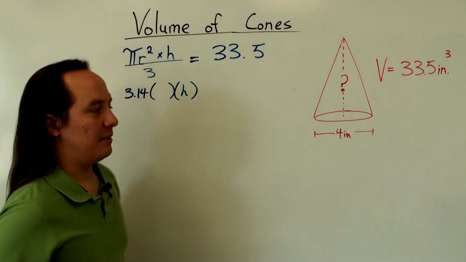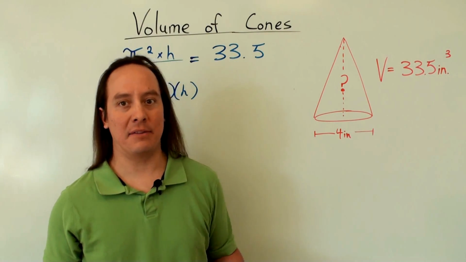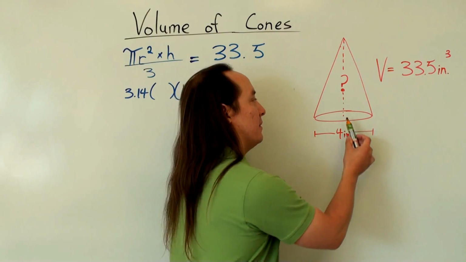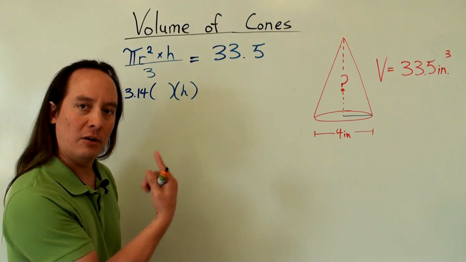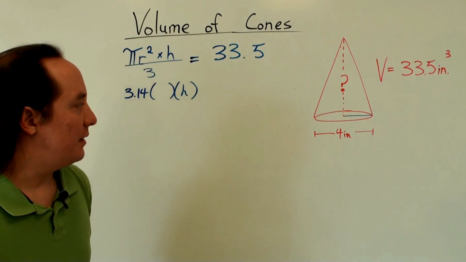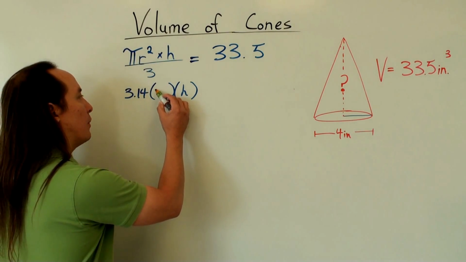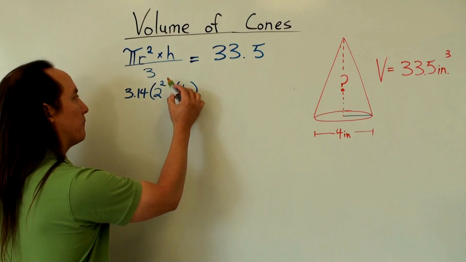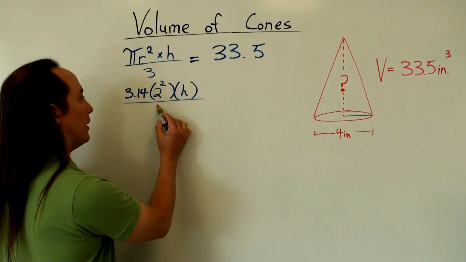But what's the radius? The radius is half the diameter. If they give you the diameter, it's half the diameter. Okay, so it's going to be the distance from the center of the circular base to an edge. In this case, it's going to be half the diameter. It's 2. All right. So it's 2 squared. There we go. And all that needs to get divided by 3.